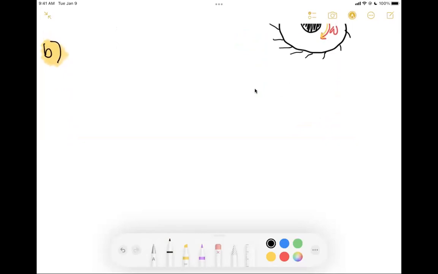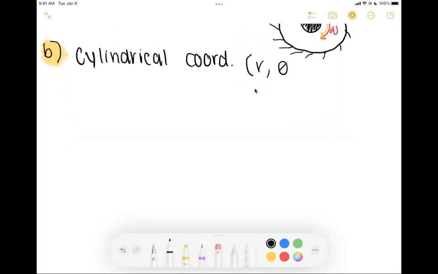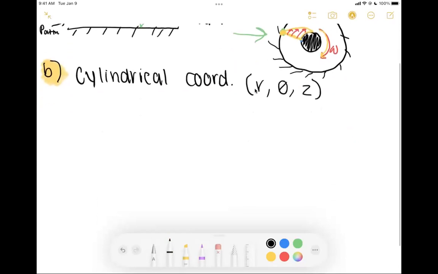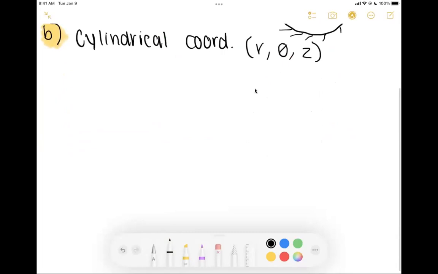Right now we're working with cylindrical coordinates, which I'm just going to abbreviate. And this is R, theta, and Z, which I showed above right here. So we're using cylindrical coordinates. So the equation of continuity is, I'm just going to take a second to write this down real quick.